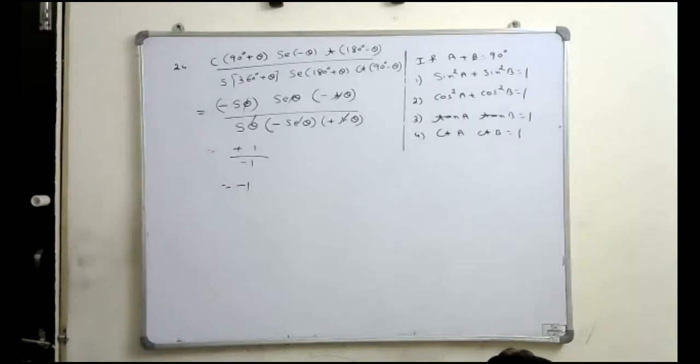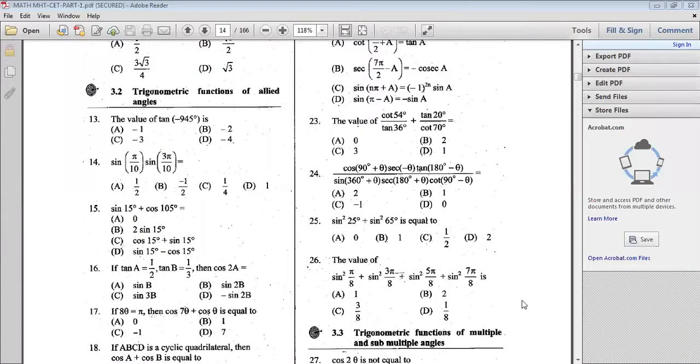Okay. Let's look at the next problem, problem number 25. The twenty-fifth problem is sine square 25 degrees plus sine square 65 degrees is equal to how much?